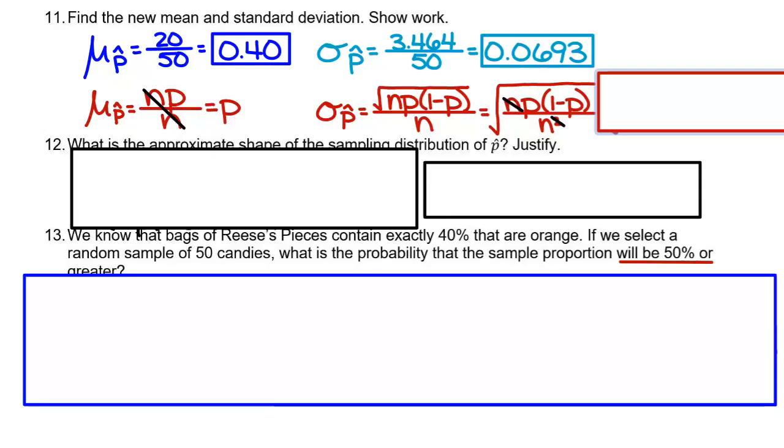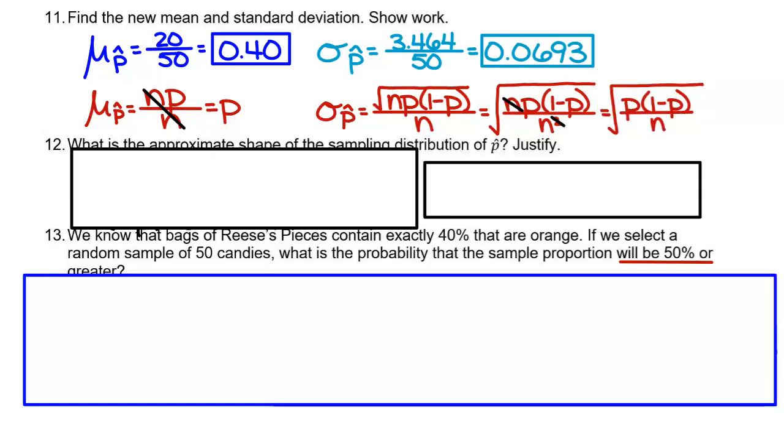And then this n in my numerator cancels out with one of the n's in my denominator. So my standard deviation formula for p hat is the square root of the fraction p times 1 minus p over n.